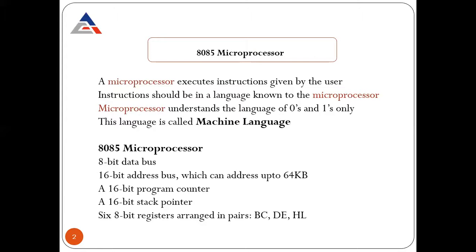A microprocessor executes instructions given by the user. Instructions should be in a language known to the microprocessor. The microprocessor understands the language of zeros and ones only. This language is called machine language.